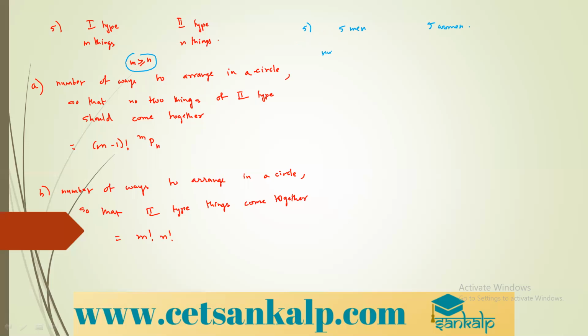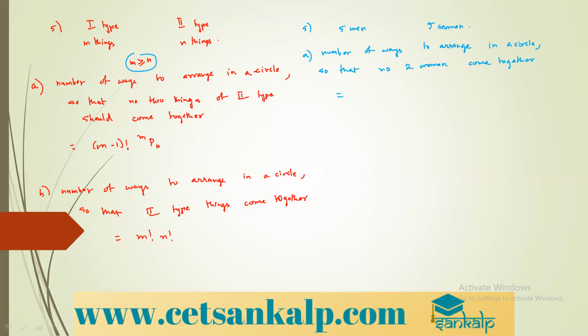Now first I will find the number of ways to arrange all these people in a circle. What is the condition? No two women should come together. That is the first formula.